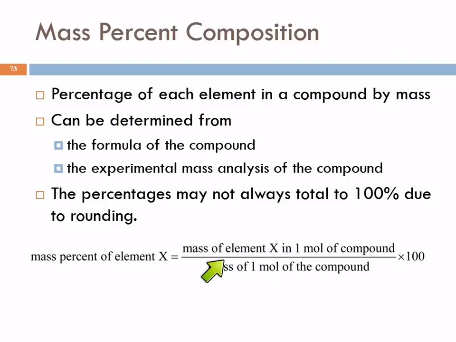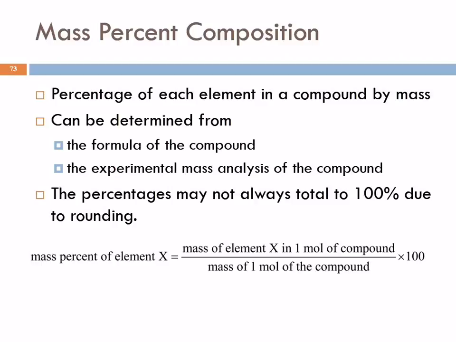From the formula, we can figure out the mass of element X in 1 mole, and then find the mass of 1 mole of the whole compound. That's going to be the molar mass, just finding the molar mass like we just learned how to do.